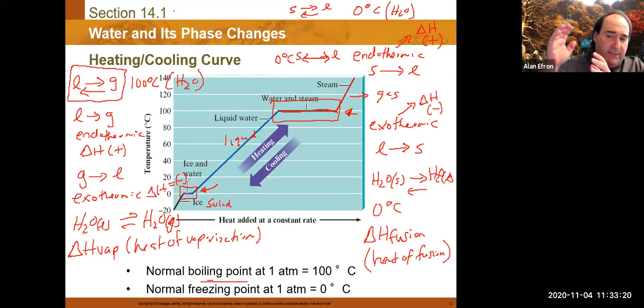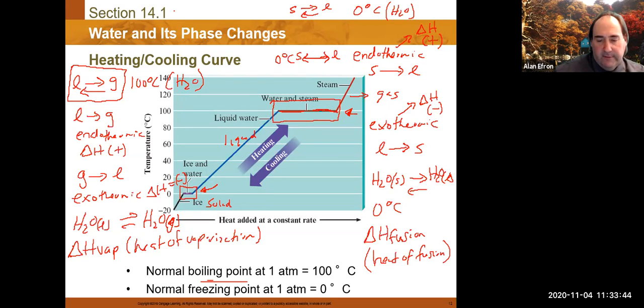That is because in the solid state, everybody's pretty tight to each other. In the liquid state, they're still relatively close to each other. But when you go from the liquid state to the gas state, they have now completely broken apart from each other. So it takes a lot more energy to do that.